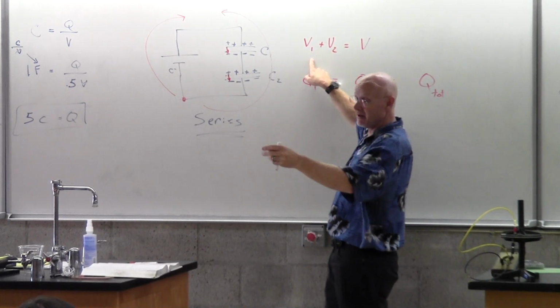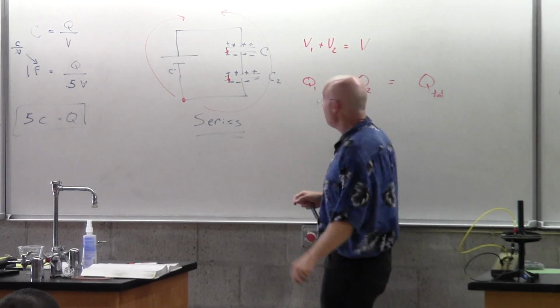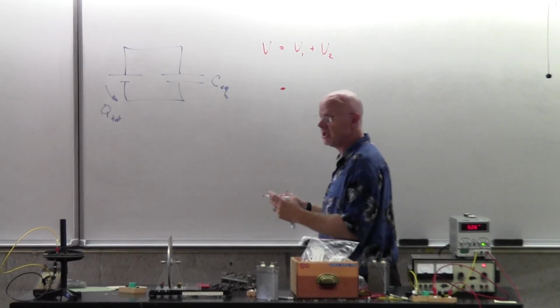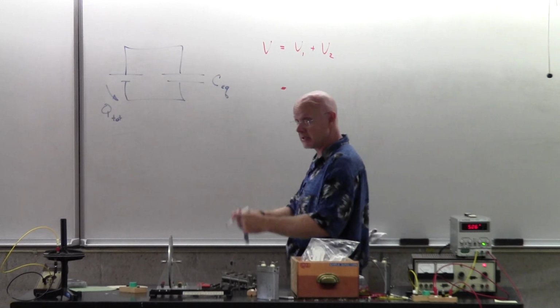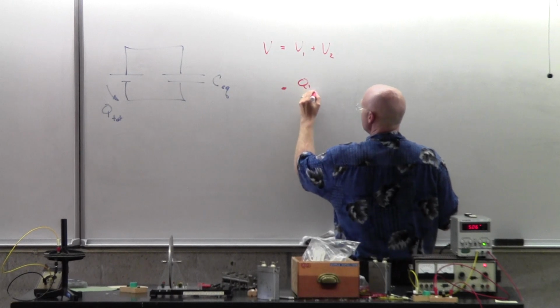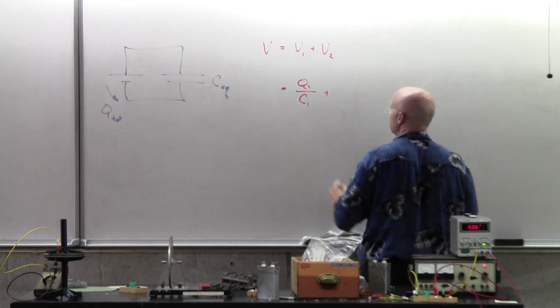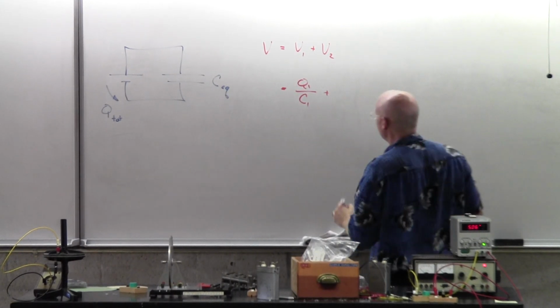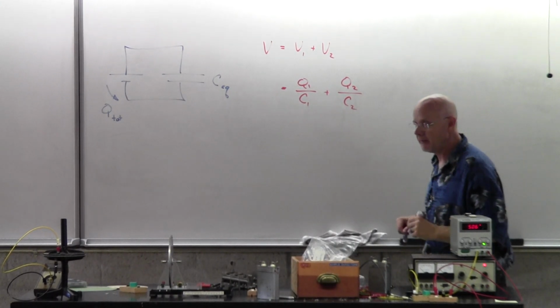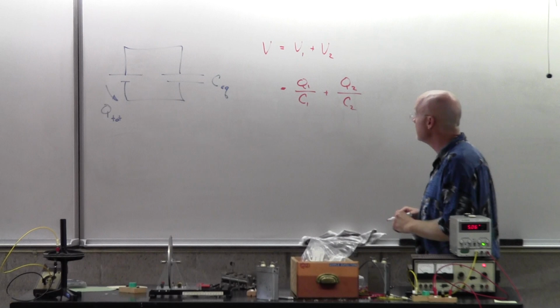It's not necessarily 50-50, because how would you calculate the voltage on capacitor number 1 using the charge and its capacitance? Yeah, this would be the charge on number 1 divided by its capacitance. How would you get the voltage on number 2? Charge on number 2 divided by its capacitance, right?